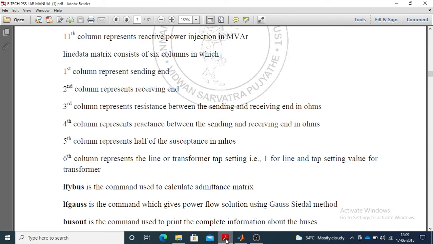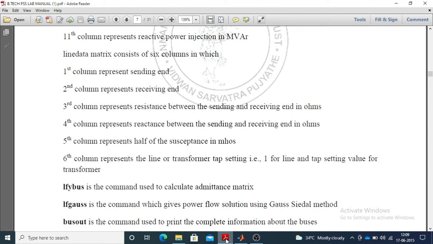And one more matrix called the line data matrix consists of 6 columns. As we have seen in the earlier experiment, it consisted of 4 columns only, but in this experiment it consists of 6 columns.